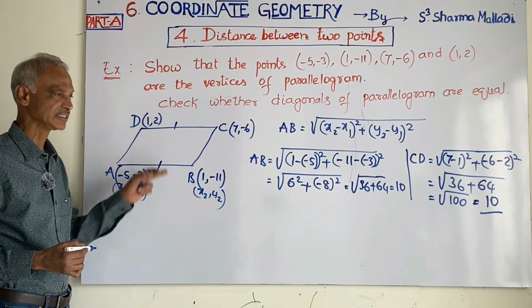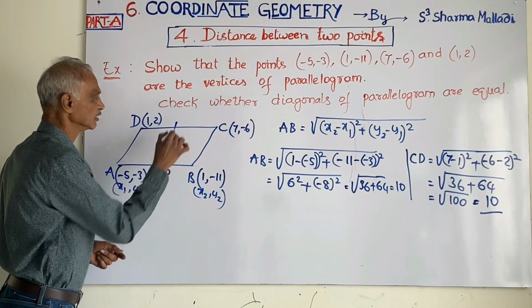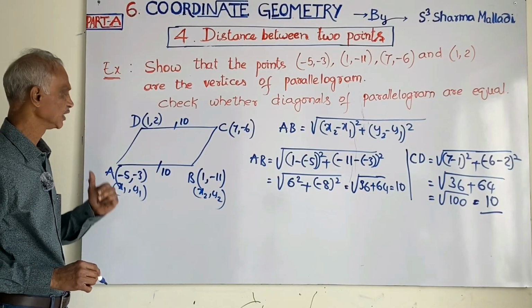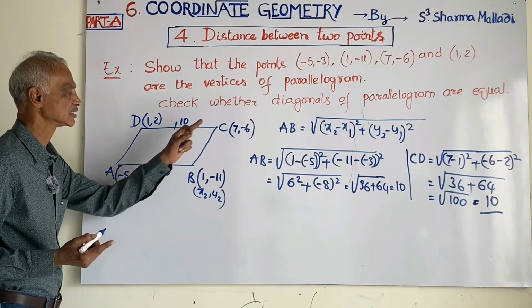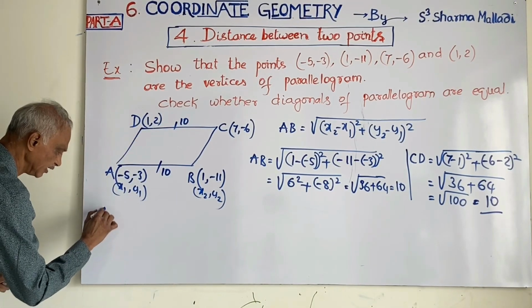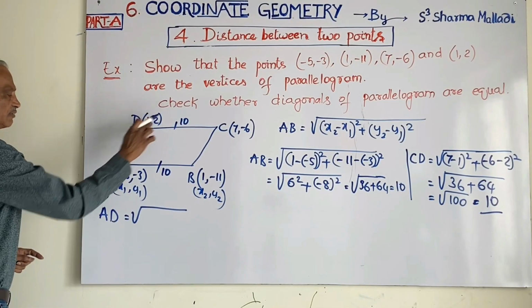We represent it like this. This is AB, 10 units, and this is CD, 10 units. Opposite sides are equal. Now, what is the next pair of opposite sides? AD and CB, BC. I will find AD here. AD is equal to root of x1 y1 x2 y2.